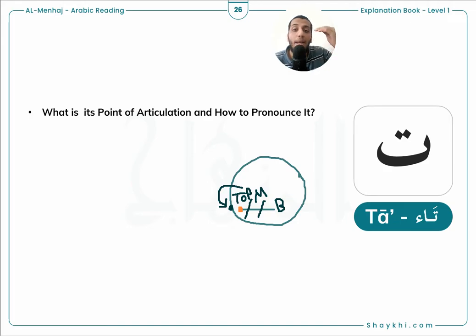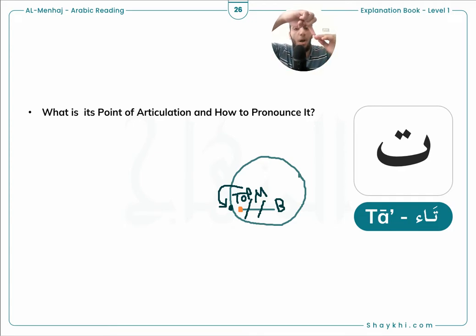Okay, so what happens when we pronounce letter T? The top part of the tip of the tongue, which is the first point in the top of the tongue, touches the gums of the upper 2 front incisors.